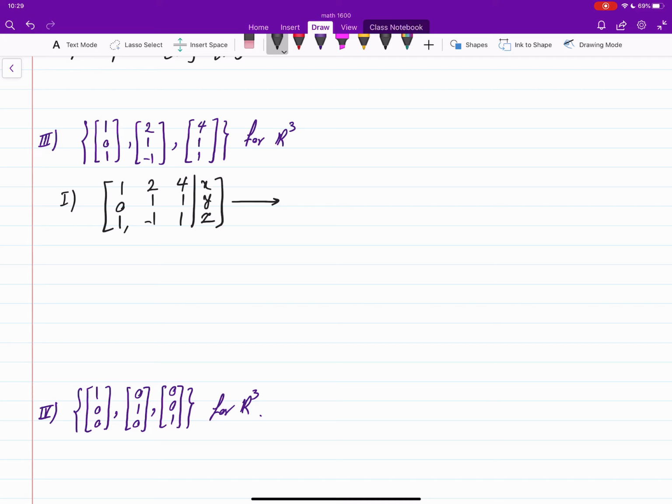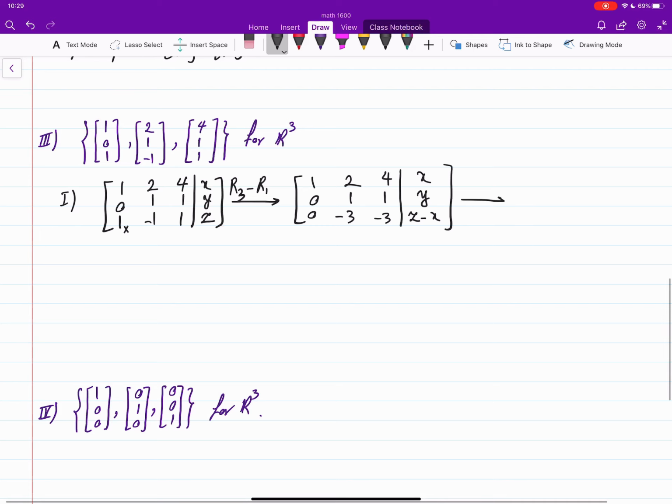Here I can get rid of this by R3 minus R1, which will give us 0, -3, -3, and then z minus x, and this is 1, 2, 4, x, 0, 1, 1, y.